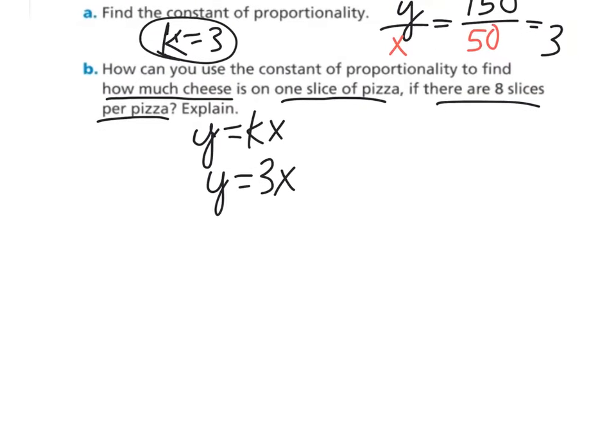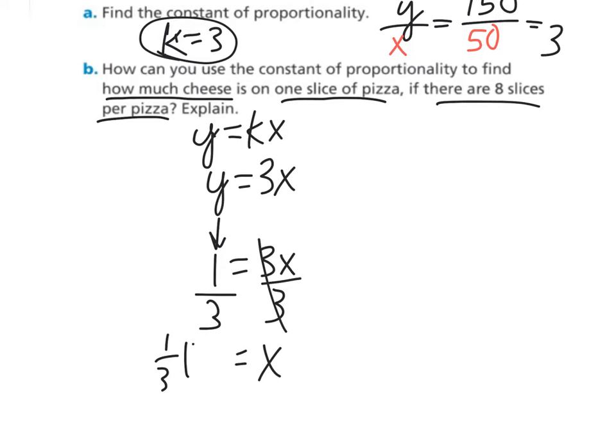One way, since y is our number of pizzas, is to put in a 1, for one pizza, and then solve for x, which would be how much cheese we would have on that one pizza. They're multiplying by 3, so we divide by 3. That means there would be 1/3 a pound of cheese for one pizza.